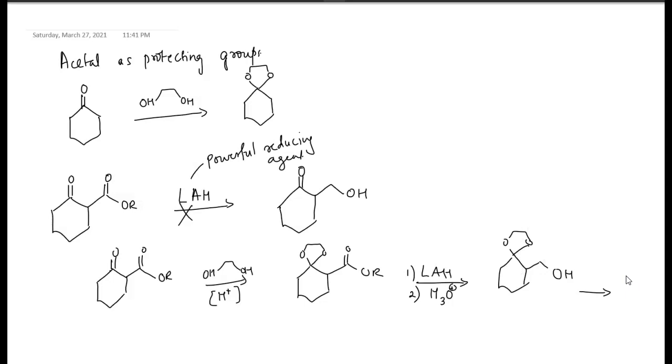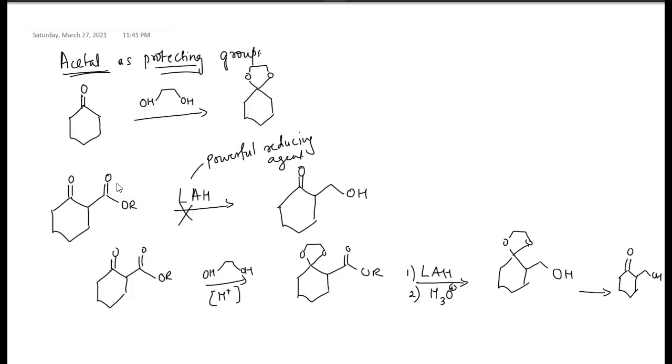This will also remove this acetal group and convert it back into the ketone. It's a reversible reaction, so you can get this ketone back and only reduce the ester group. So this is the use of acetal, which can be used as a protecting group.